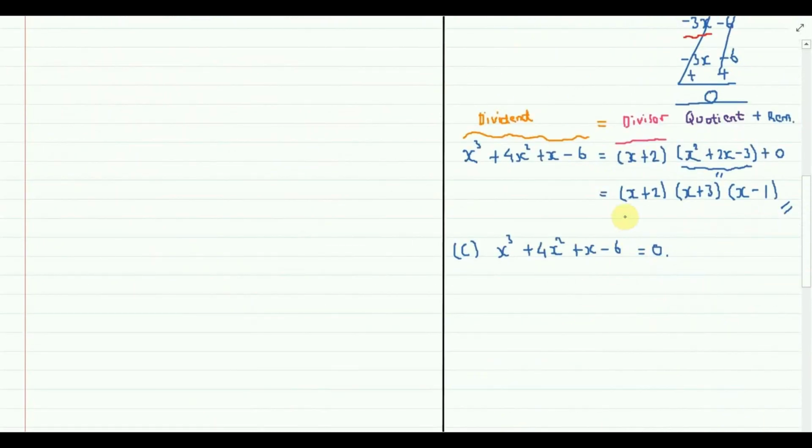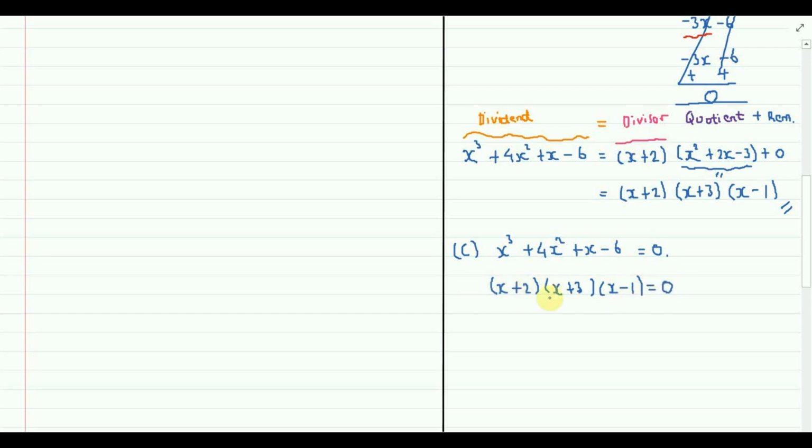So in this case, since this equals x plus 2, x plus 3, x minus 1, let's use that and rewrite this equation. So I'm going to rewrite the left as x plus 2 times x plus 3 times x minus 1, and that is equal to 0.